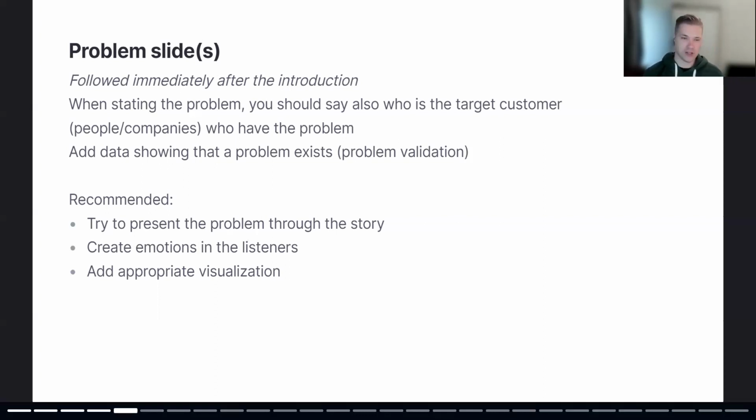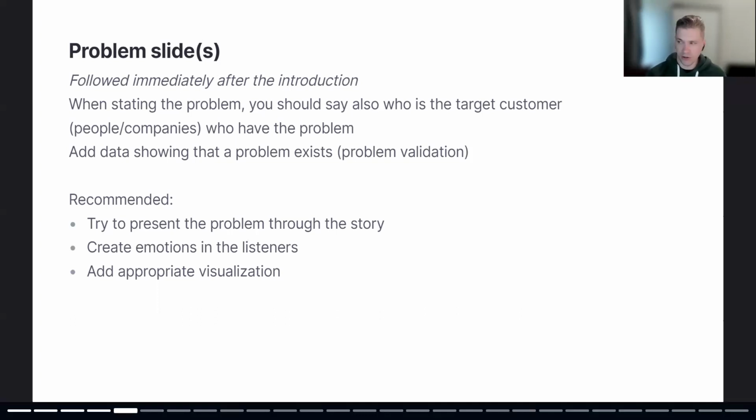Basically, you have to try to create these emotions for the audience, so that they really understand: okay, this is a serious problem. This person really suffers from it. So how can we help? If you have some visualizations, which can be pictures, maybe you can add also these pictures.